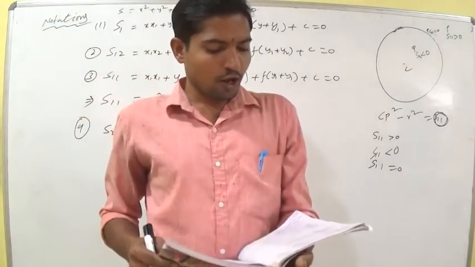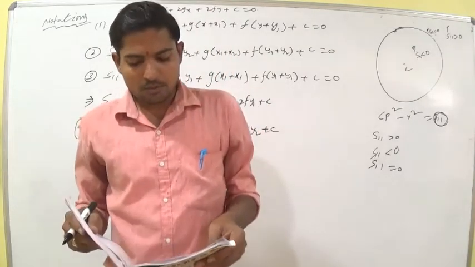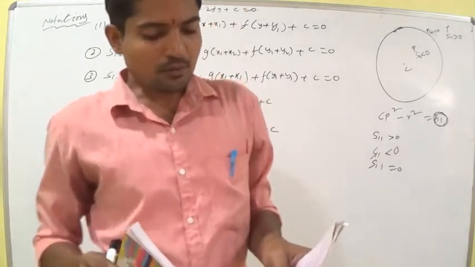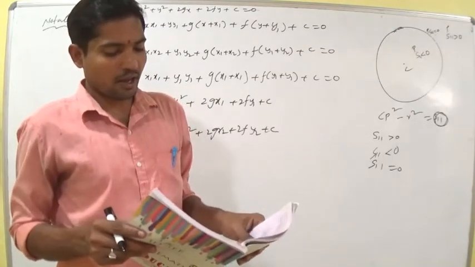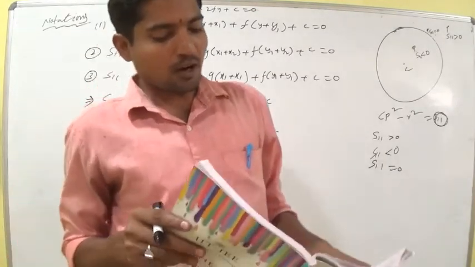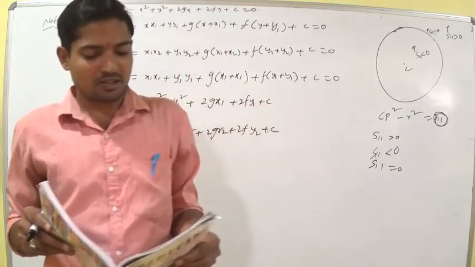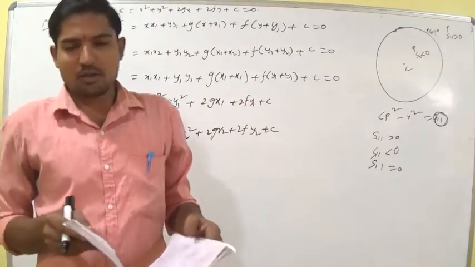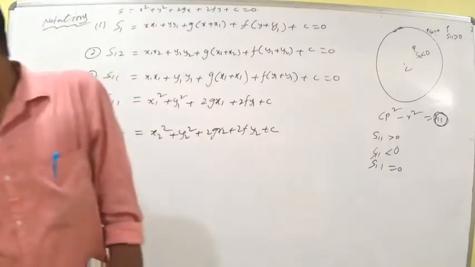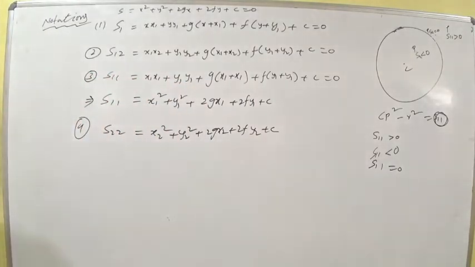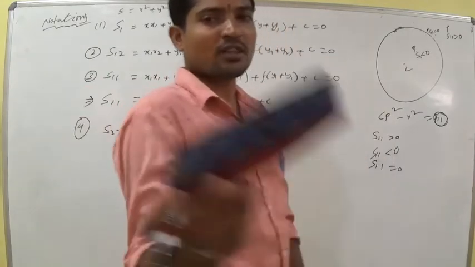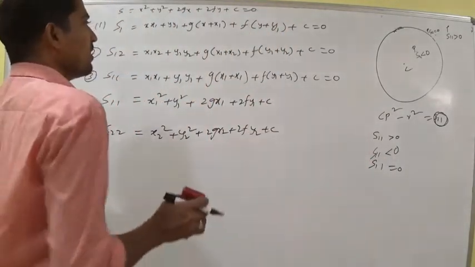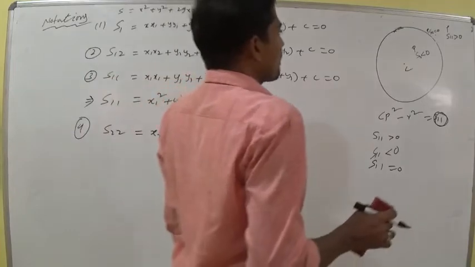a secant through a point P meets a circle S = 0 at A and B, then the power of the point P is given by... What is meant by secant first of all? The line which passes through two points of a circle is called a secant of the circle.